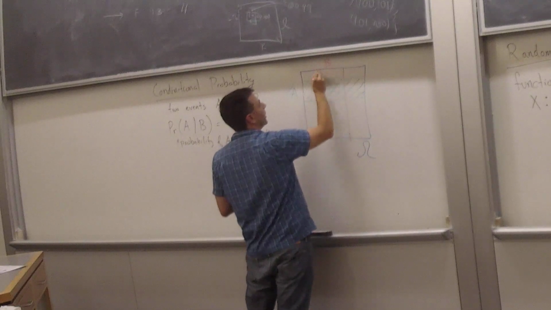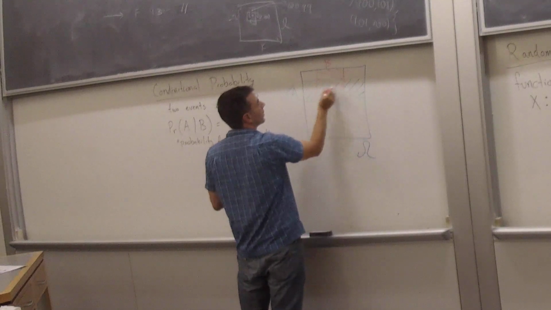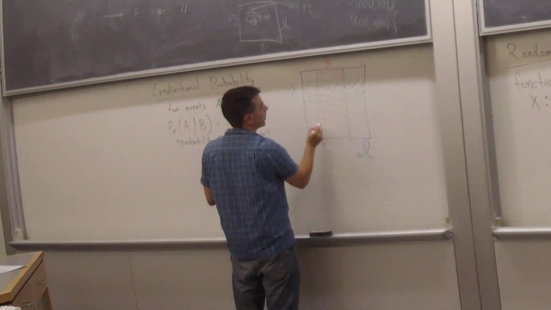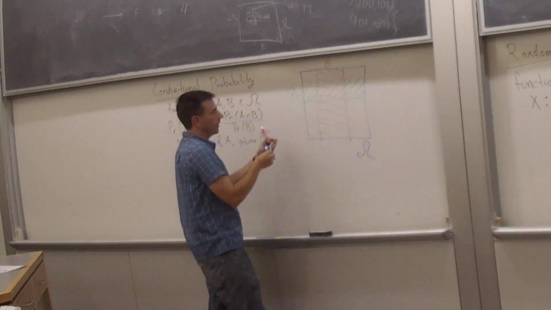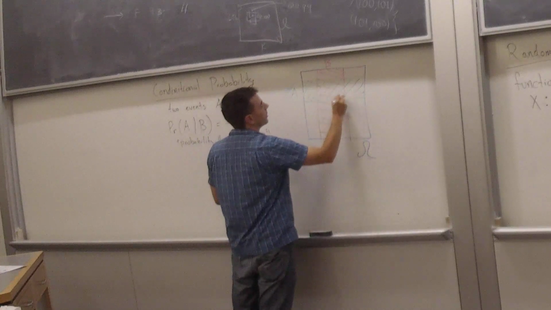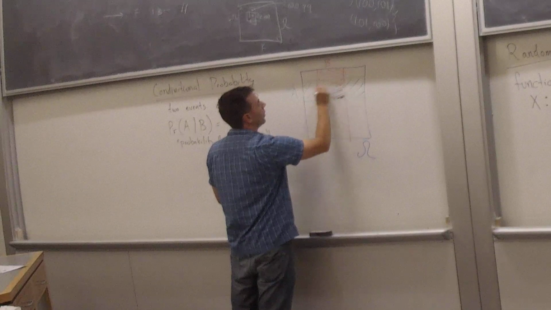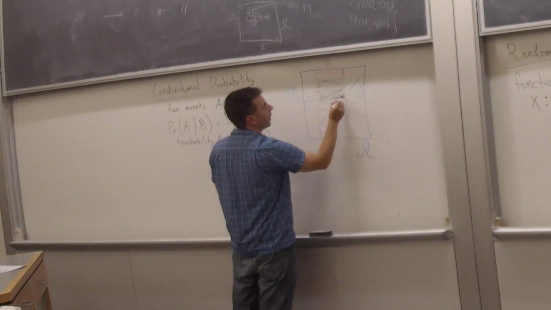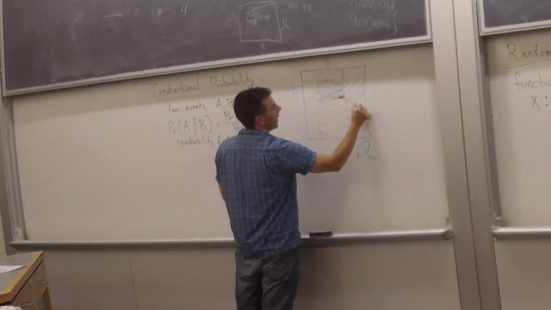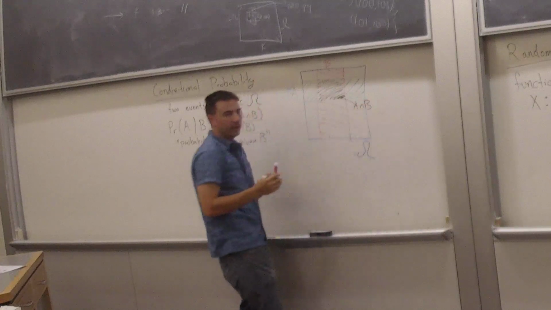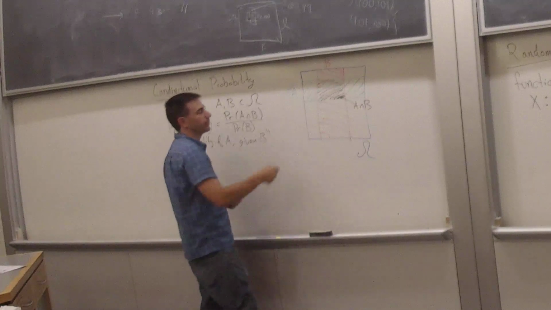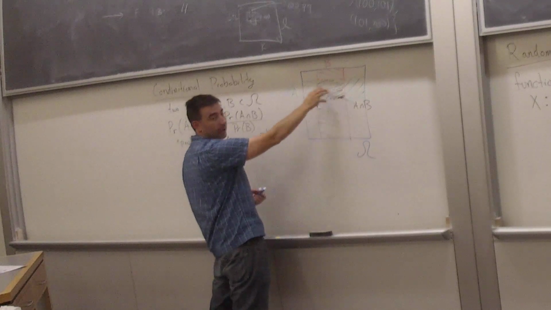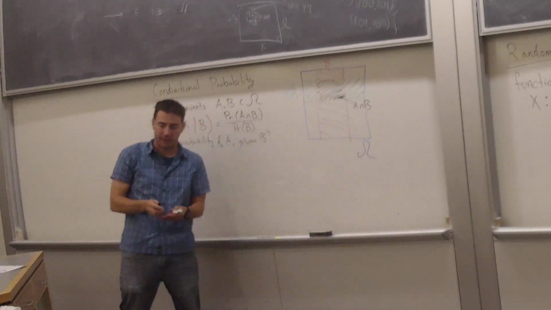So this is the strip B. And so this area in the middle, where these are overlapping, this is A intersection B. A and B are true, in the place where these events overlap.